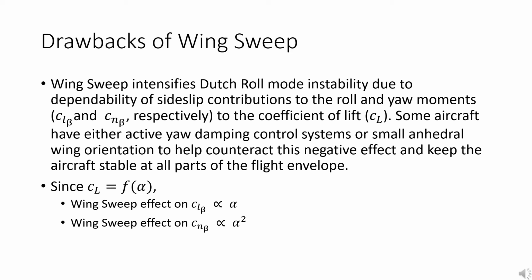So a swept flying wing is susceptible to a neutral and sometimes unstable Dutch roll mode at high speeds where you have that low angle of attack. Some ways that the designers try to mitigate this issue includes an active yaw damping control system or adding a small anhedral to the wing orientation to try to counteract that effect at those certain parts of the envelope.